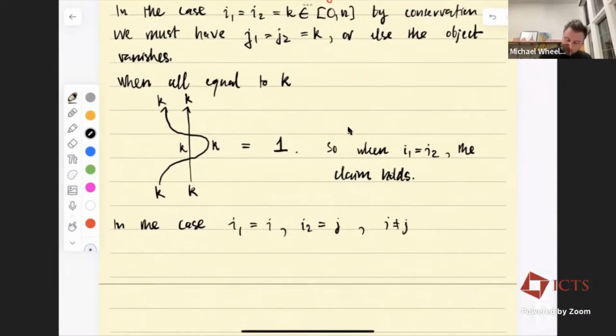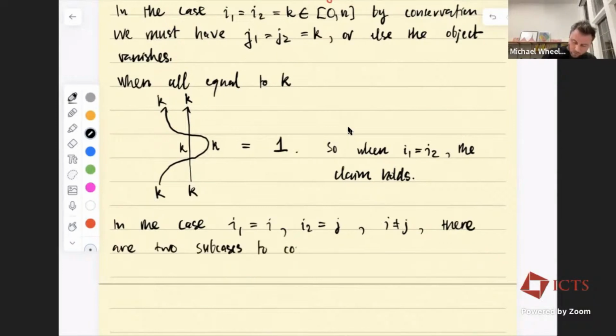So in this situation, there are two subcases to consider. So A is when, say, J1 is equal to I and J2 is equal to J. And in that case, we actually have to prove that we get 1.